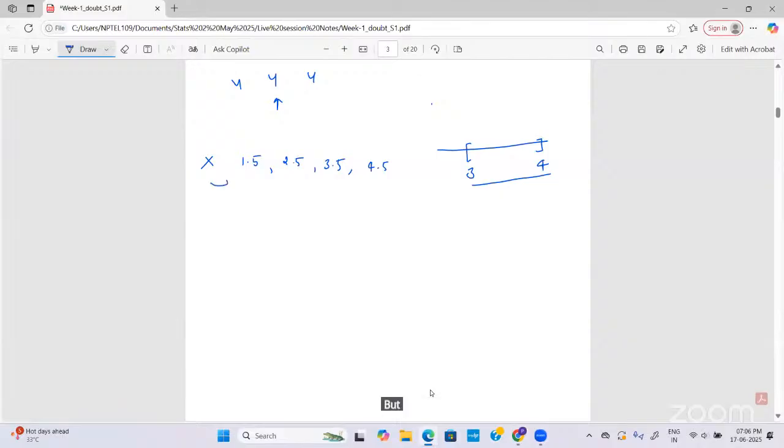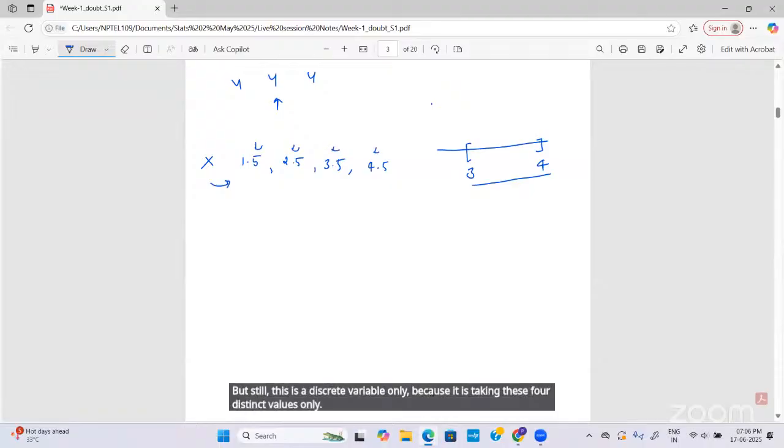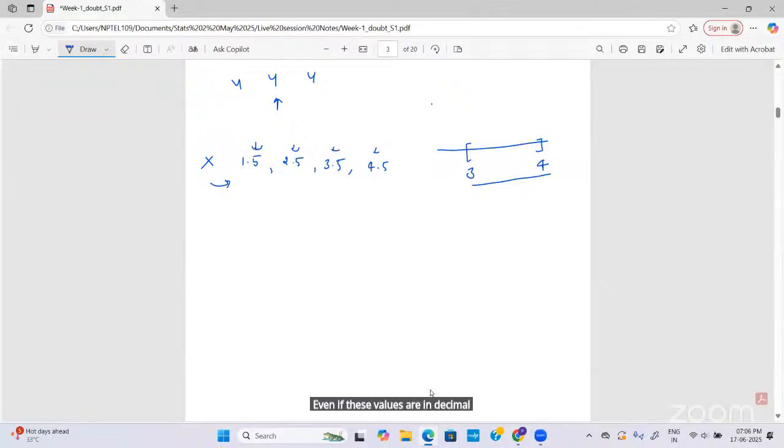Still this is a discrete variable because it is taking only these 4 distinct values. Even if these values are decimals, they are discrete because the variable x is not taking any other values between them.